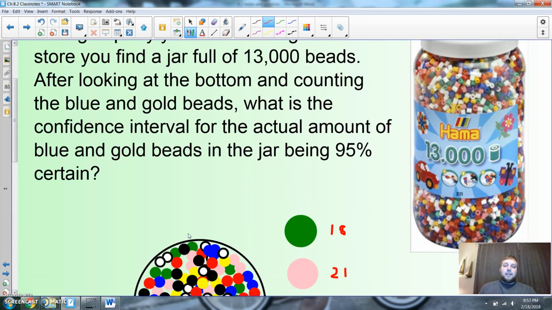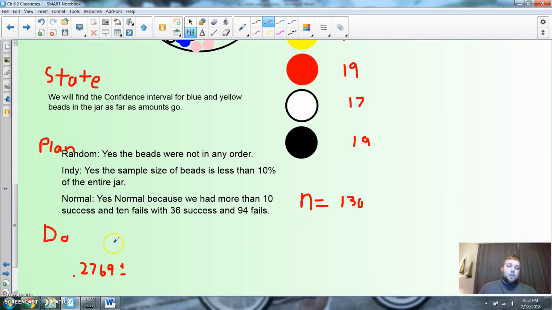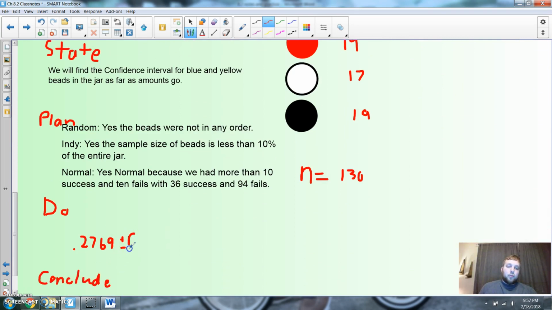How accurate do I want to be? 95% accurate. Now remember, we're not using 2 anymore. We've grown up. We are not lallygagging. 95% is 1.96. And then my standard deviation. You might say, I don't know my standard deviation.